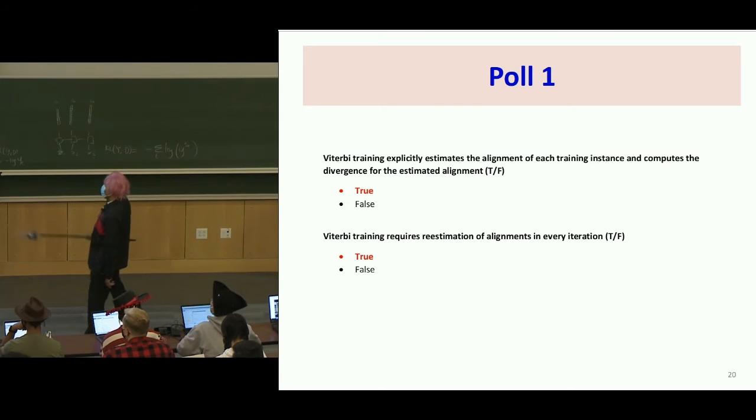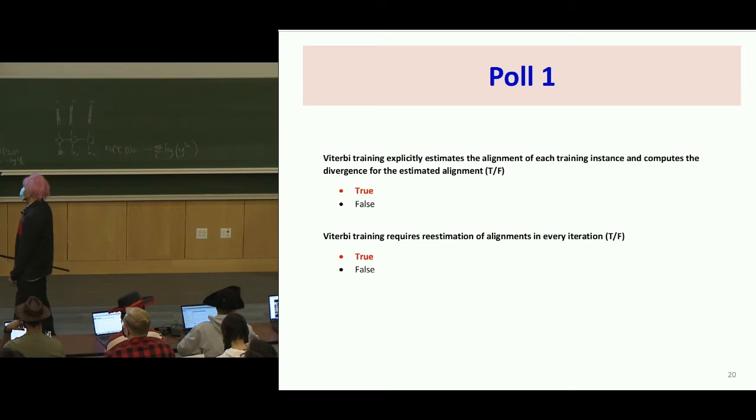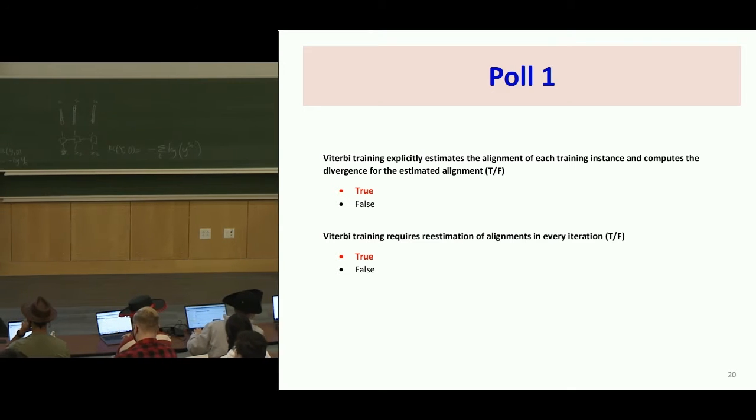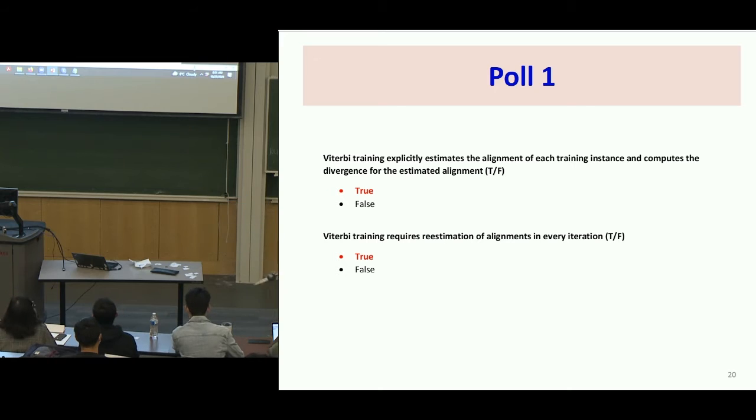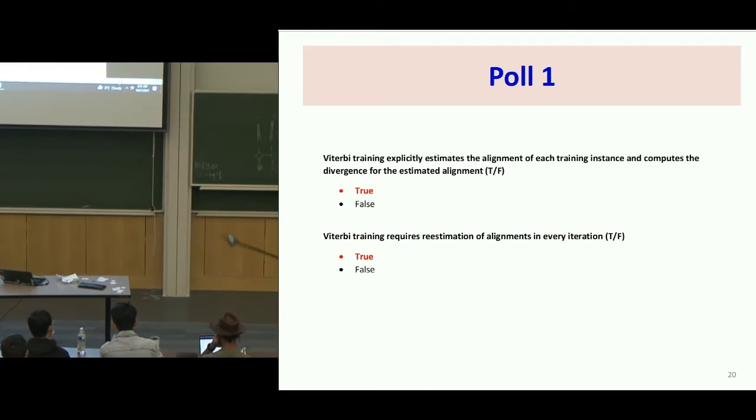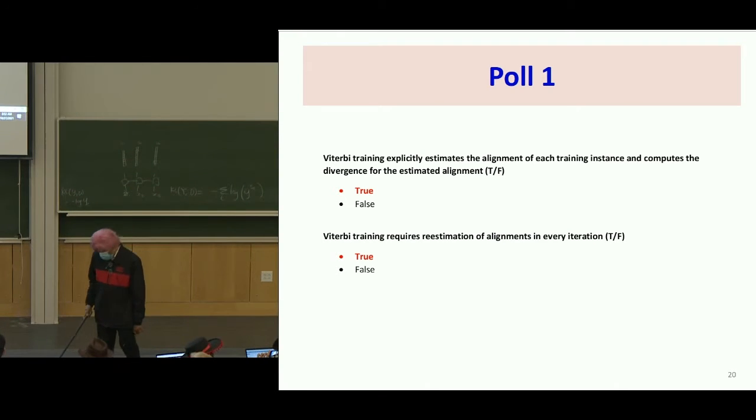Let's move on. Viterbi training explicitly estimates the alignment of each training instance and computes the divergence for the estimated alignment. This is true. It requires re-estimation of the alignments in each iteration because you're going to estimate some initial alignments, update your models, use those models to go back and re-estimate your alignments, right?